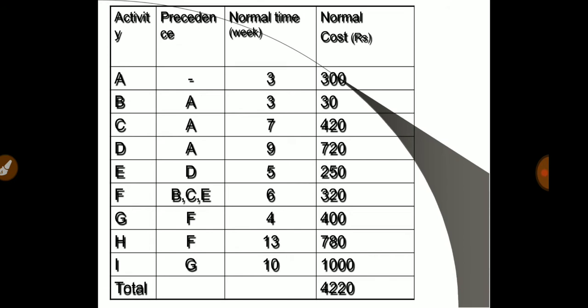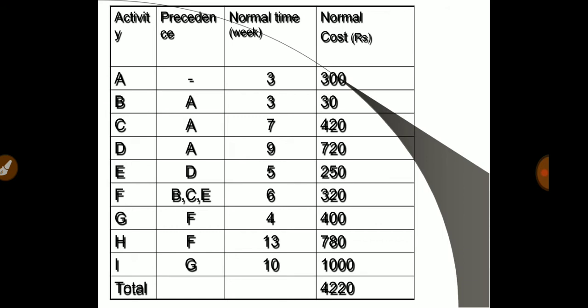Next activity is E, precedence is D, normal time is 5 weeks, and normal cost is 250. Next activity is F, precedence is B, C, E, normal time is 6 and normal cost is 320 rupees. Next activity is G, precedence is F, normal time is 4 weeks, normal cost is 400.